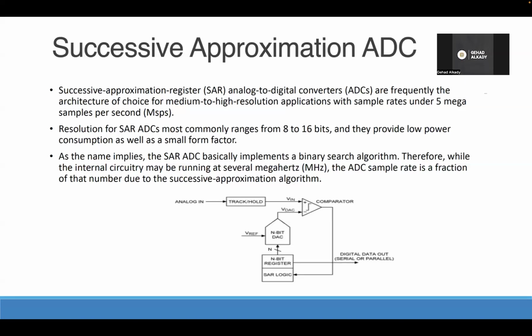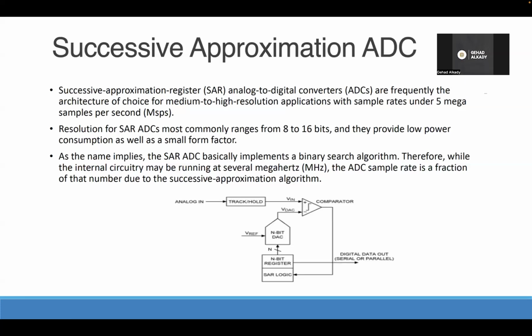So this value goes here to the DAC, and this happens to narrow the range of our voltage, to localize the exact value, or the semi-approximated value, of our voltage.